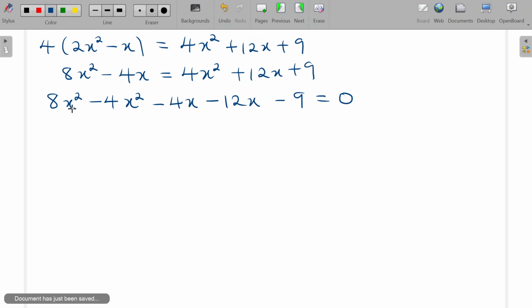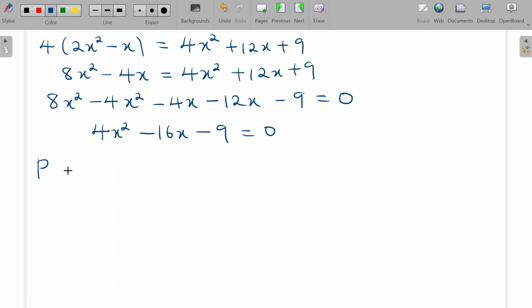Then 8x squared minus 4x squared gives 4x squared. Negative 4x minus 12x gives minus 16x, minus 9, equals 0. Now, what is my product? I get it by multiplying the number with the x squared and the constant, which is negative 9, giving negative 36.